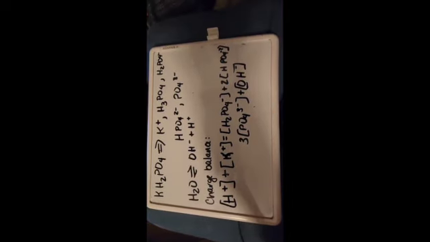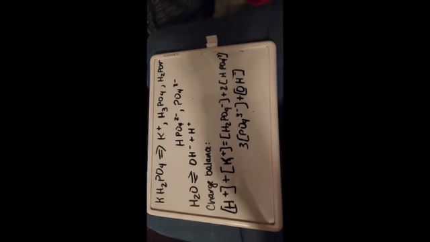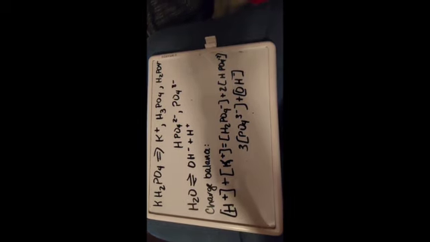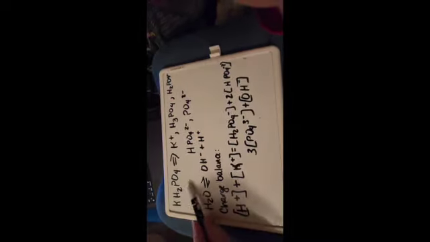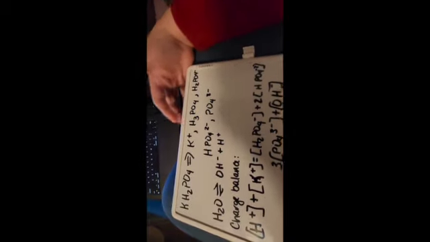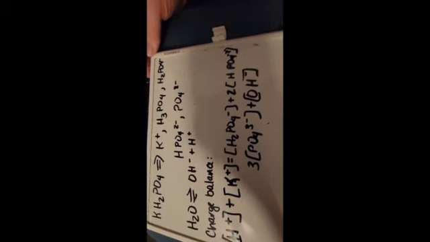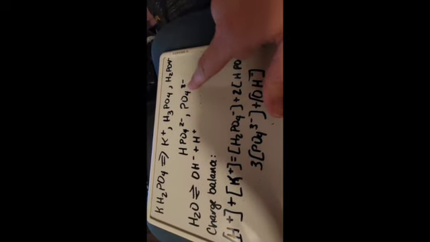Okay, so the second question on quiz 8H asks for the charge balance for the aqueous solution that was formed before. So we have our formula here, KH2PO4, and we've already talked about what it dissociates into with the K plus, H3PO4, H2PO4 minus, HPO4 2 minus, and PO4 3 minus.